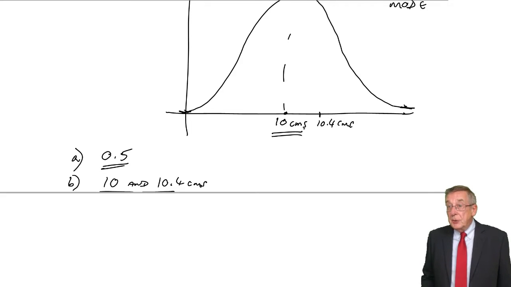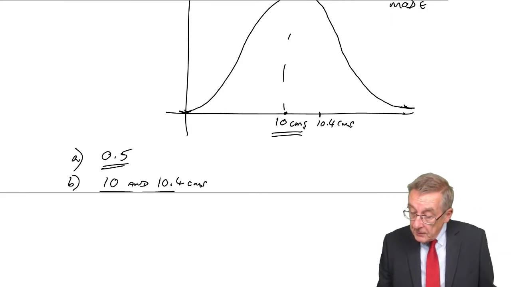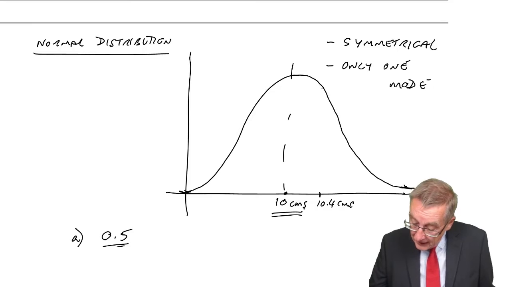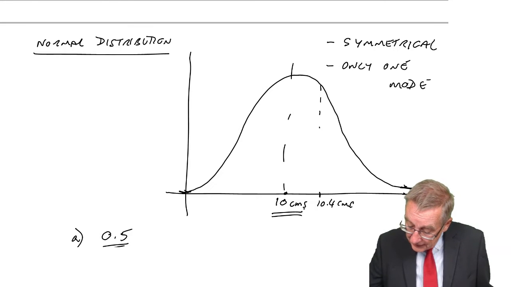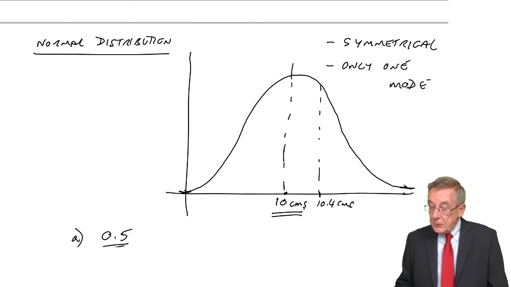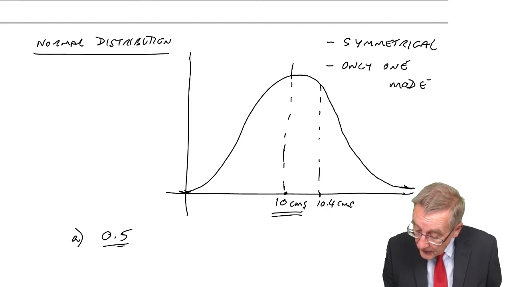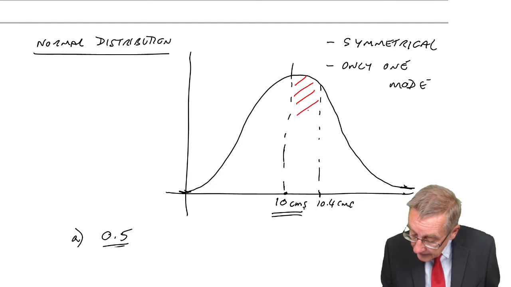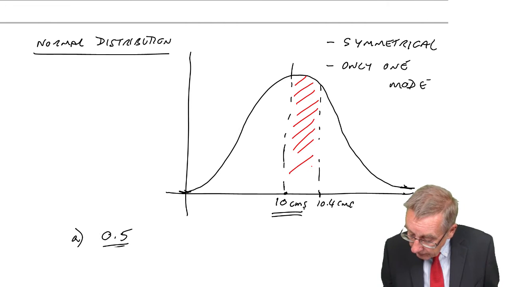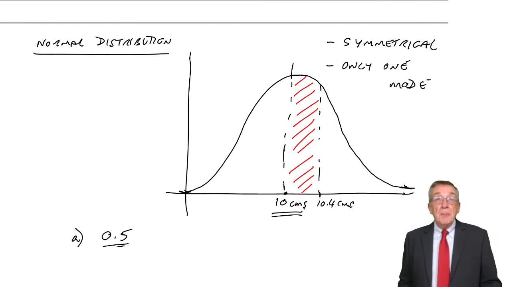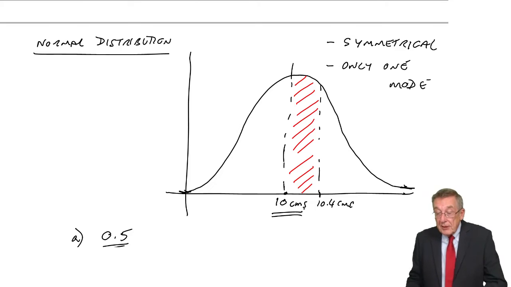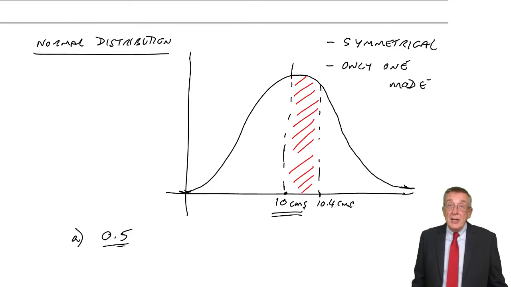What we could do is get a ruler and start measuring, because the proportion under the curve between 10 and 10.4, so this area there, would be proportional to the number of people in that range, or the number of units in that range.